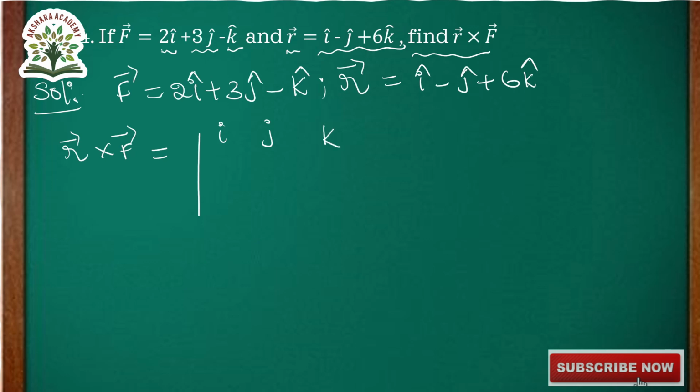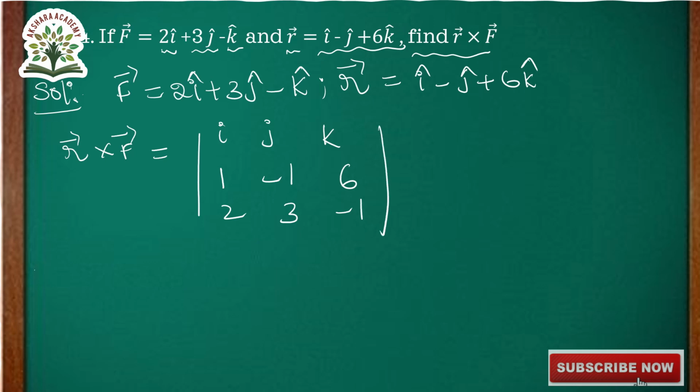So first we are writing the r components 1, minus 1, 6 and the f bar vector 2i plus 3j minus k cap, component of i is 2, component of j is 3 and component of k is minus 1.